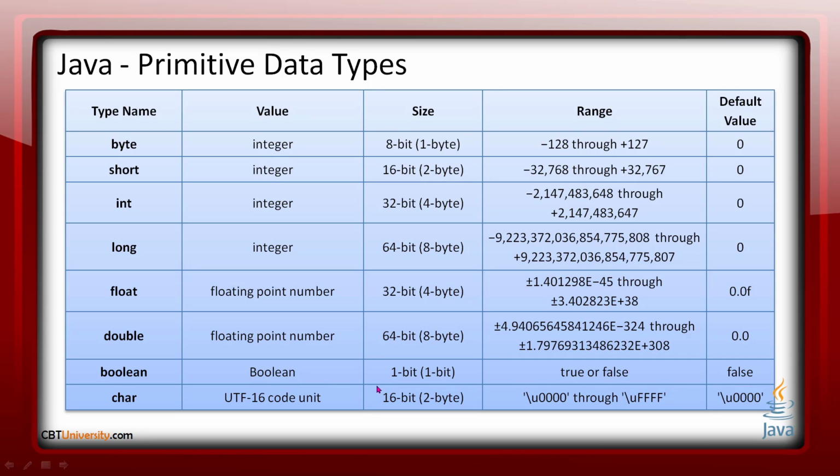The boolean data type is just 1 bit in size, and it can be either true or false, the default value being false. And for Unicode, we have the char data type, which can take up to 16 bits. And this is the range, and the default is \u0000.